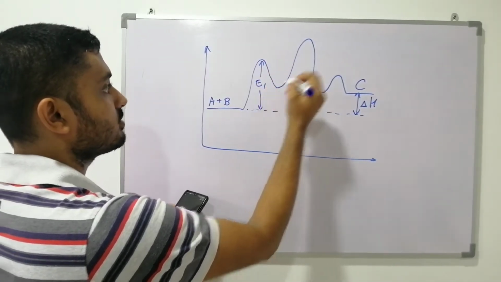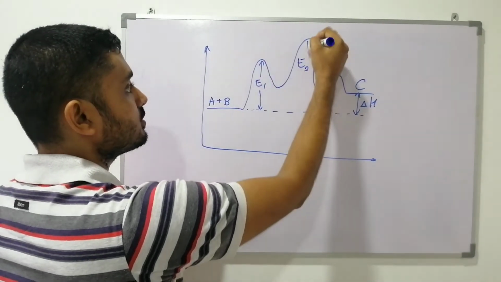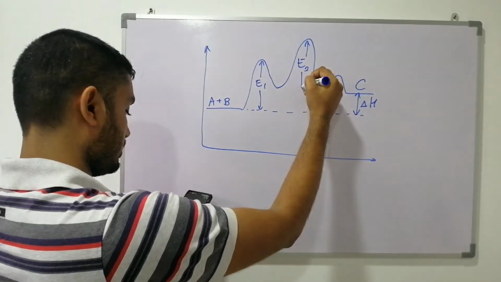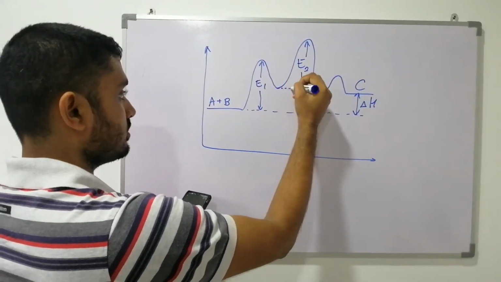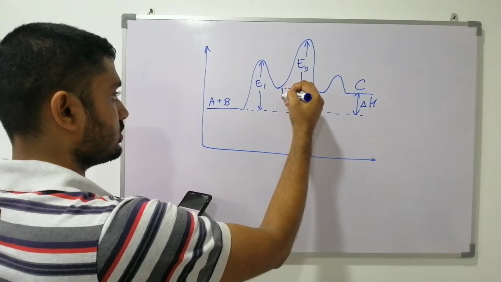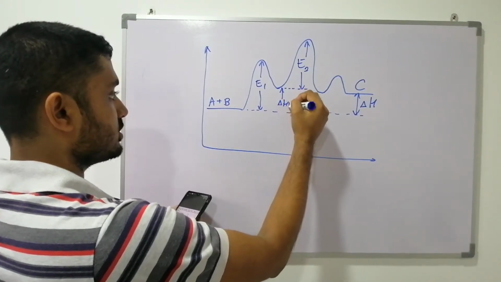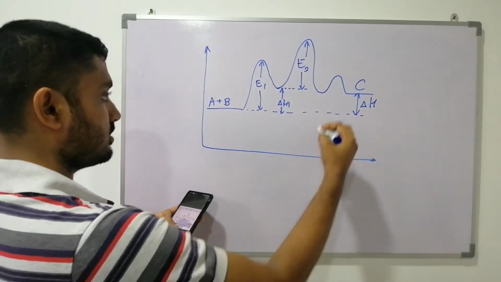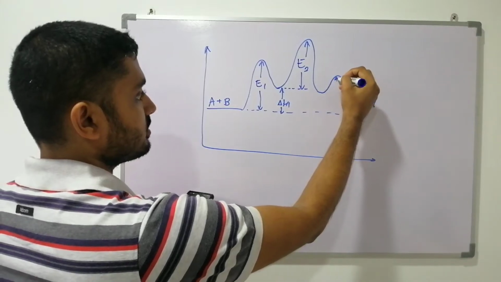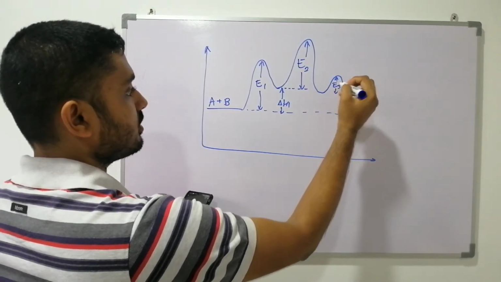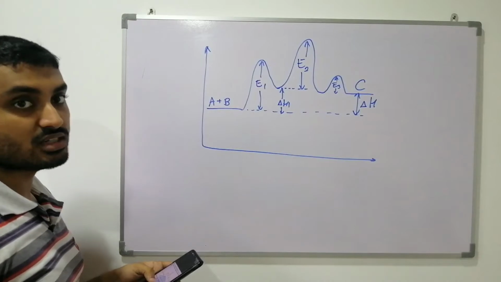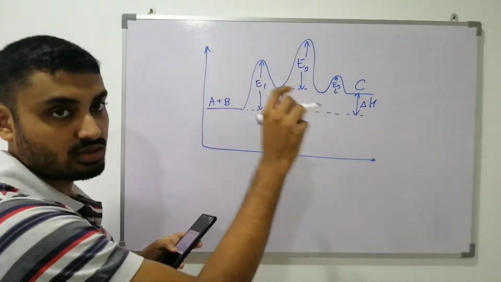Now E1 and E2 are given like this. Here, this is the most interesting part, delta H1, and somewhere here you have E3. These E values are the activation energies of each of the steps.